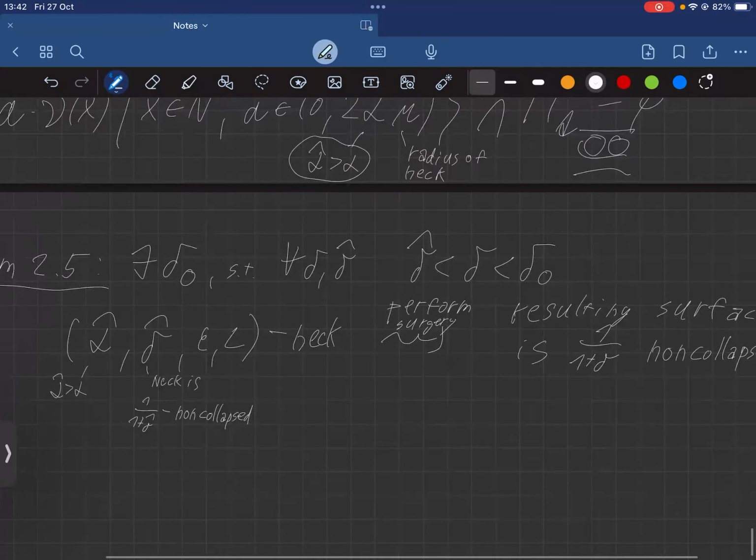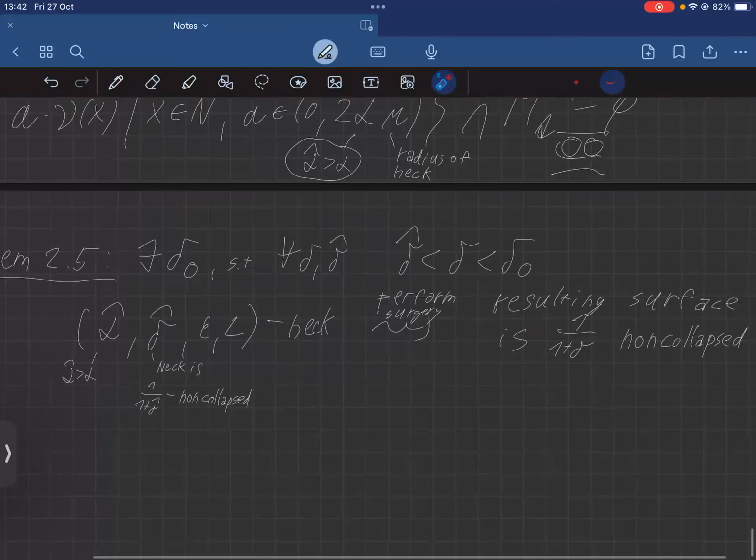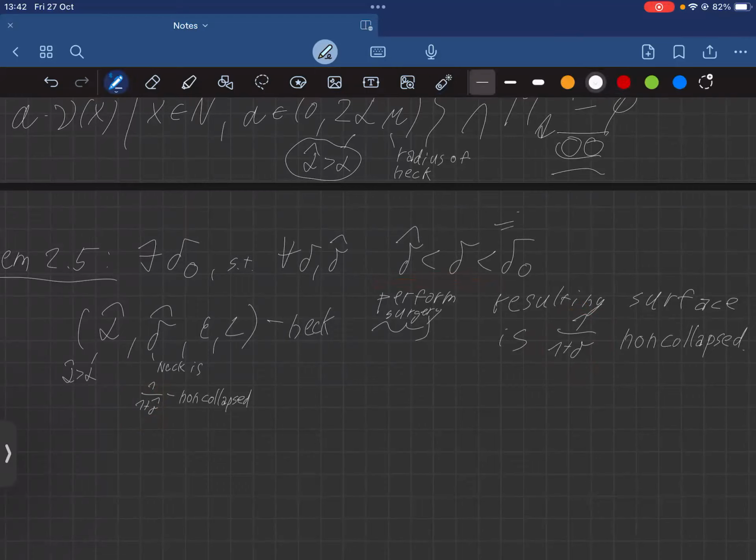The point is, right here, that our non-collapsedness constant has dropped. It started 1 over 1 plus delta hat, and now it's 1 over 1 plus delta. Since delta hat is more than delta, this implies that 1 over 1 plus delta hat is larger than 1 over 1 plus delta, right?